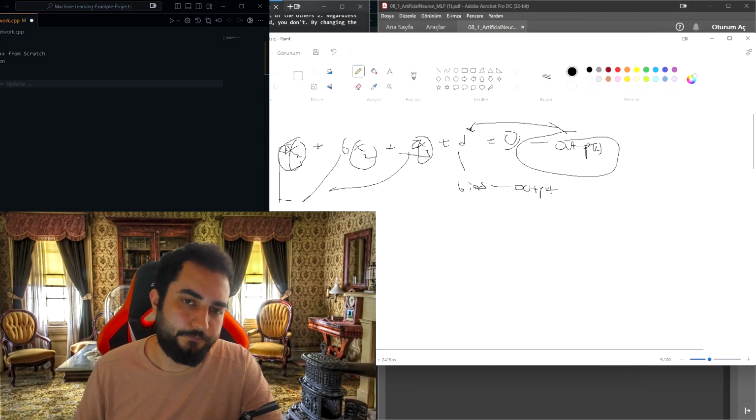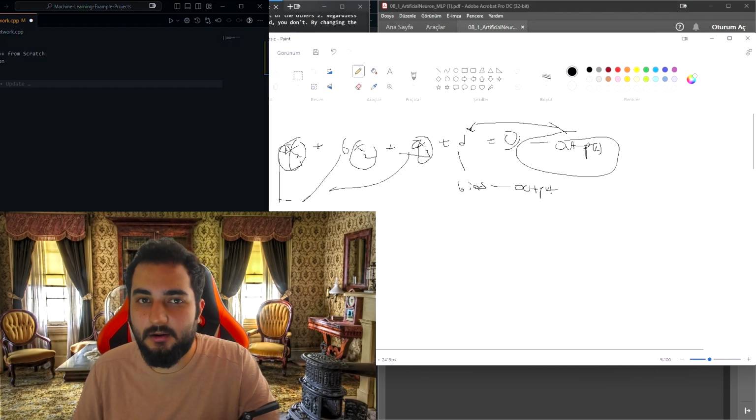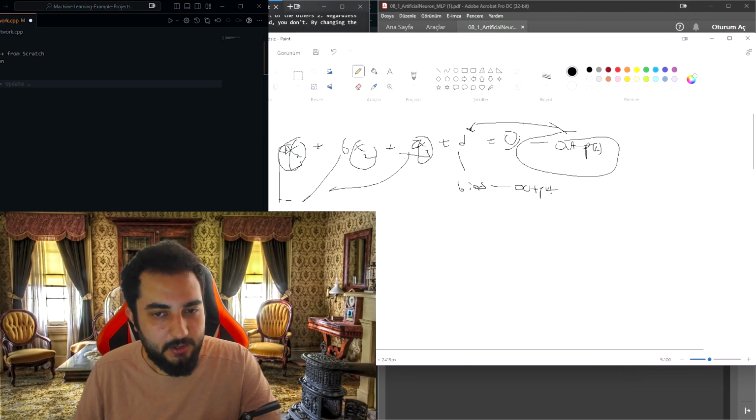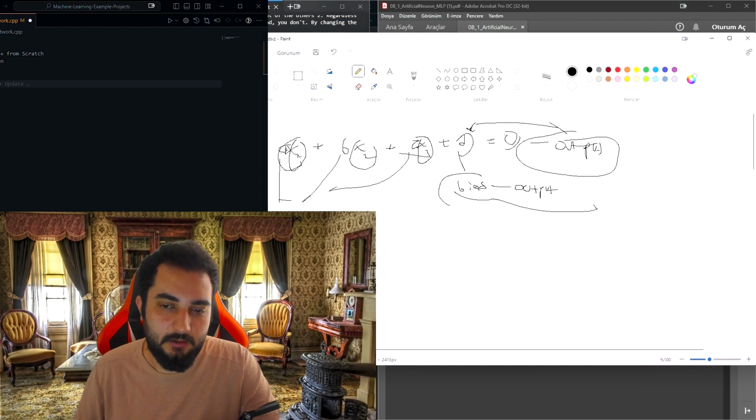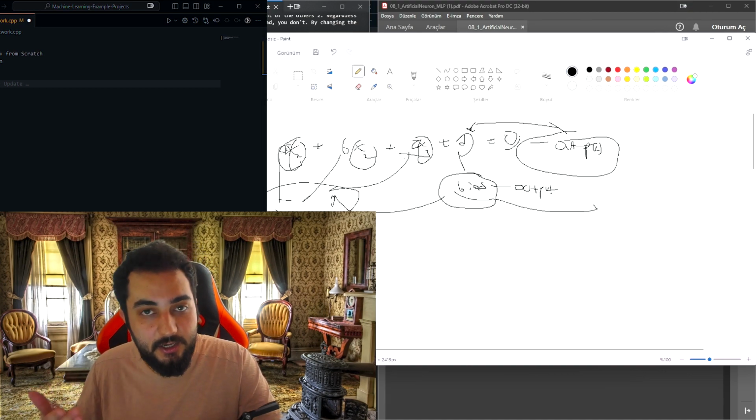equals 0. So the weights are A, B, and C in the neural network, and D is the bias minus the output. So I find the biases and weights to generalize the equation.